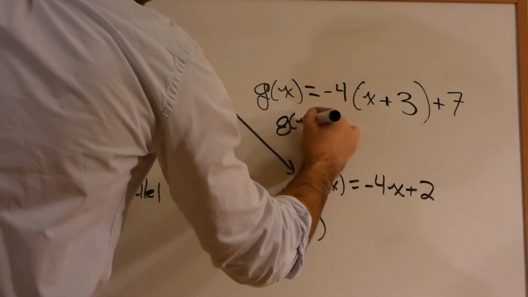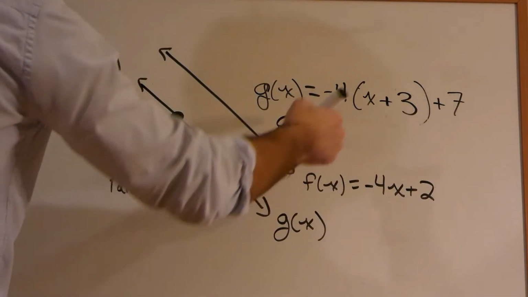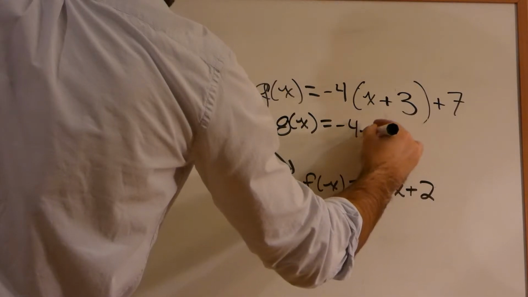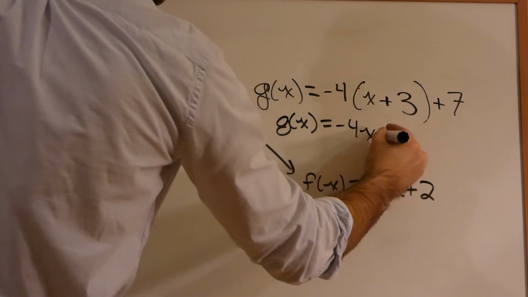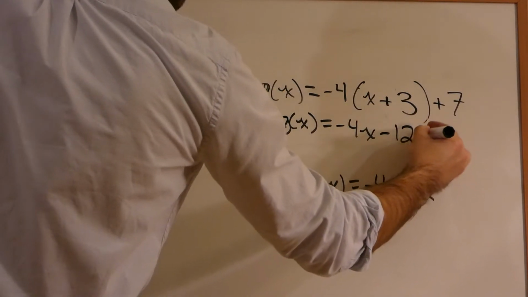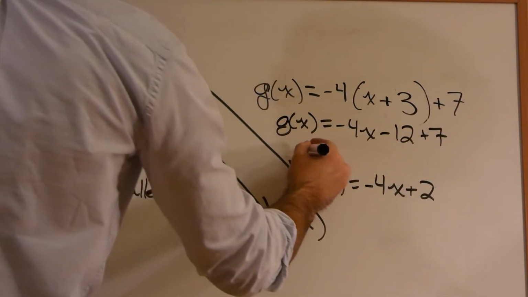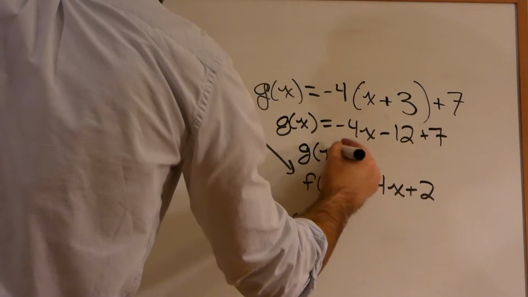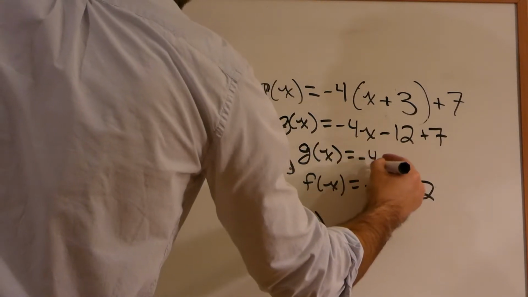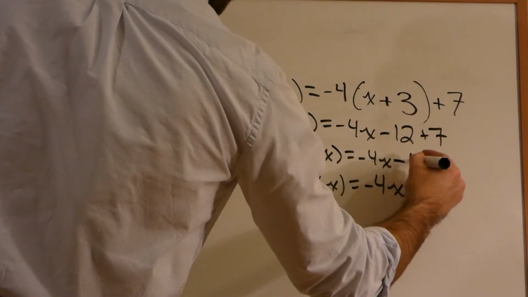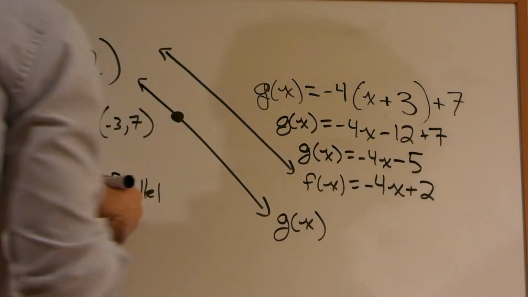We're going to do the same thing we did earlier. We're going to distribute the -4. So we get -4x. -4 times 3 is -12, plus 7. So in other words, g of x is equal to -4x. -12 plus 7 is just really -5, so we're going to write -5 right there.